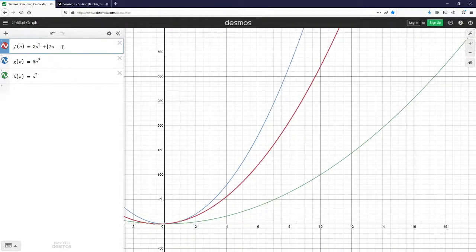If we look at something a little bit weirder, we could always introduce some kind of sine component to it, even though I doubt you'll find many algorithms that run in O of sine of n time.